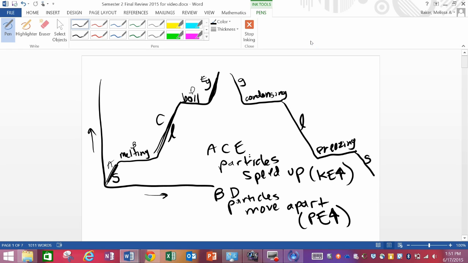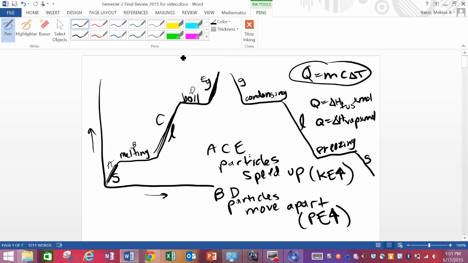One other point I want to make is we're going to be talking about the formulas Q equals mc delta T, as well as Q equals delta H fusion times moles, and similarly delta H vaporization times moles. So one thing that students get confused about is they don't know when they cannot use Q equals mc delta T. You cannot use this to calculate how much energy it takes for a phase change to occur.